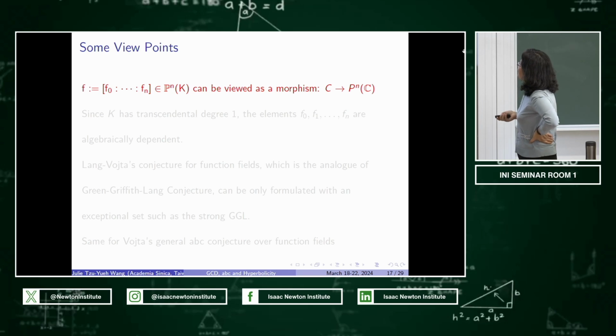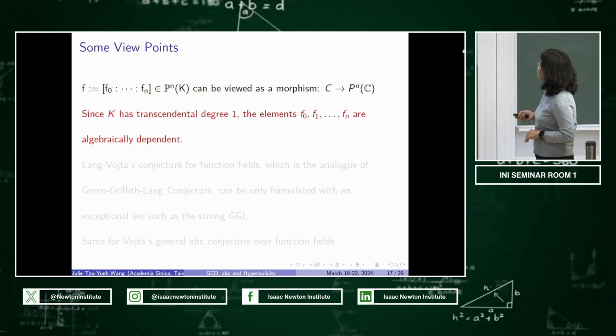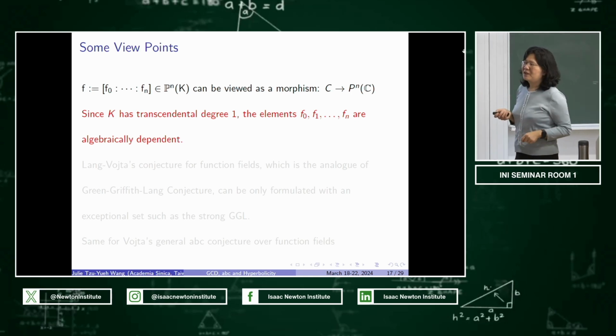And so there are two ways to see things for a function field. Also remember, this is the function field of a curve, so the transcendence degree is 1. Now F0 to Fn are elements in the function field, and the transcendence degree is only 1, so it means those things are algebraically dependent.